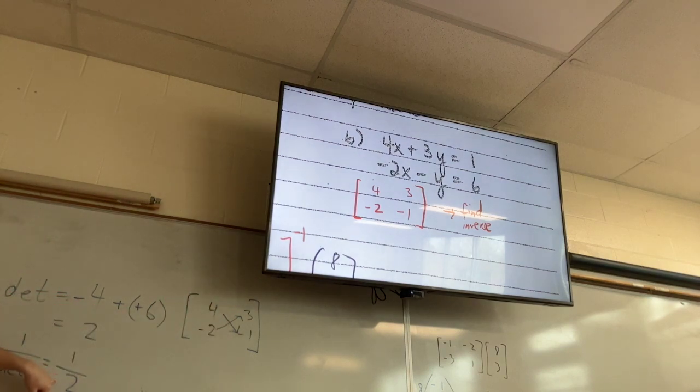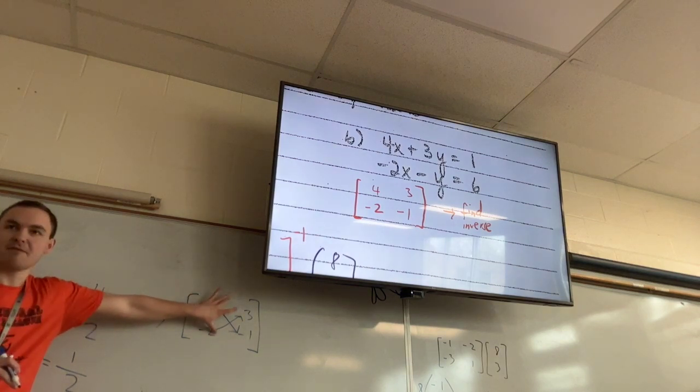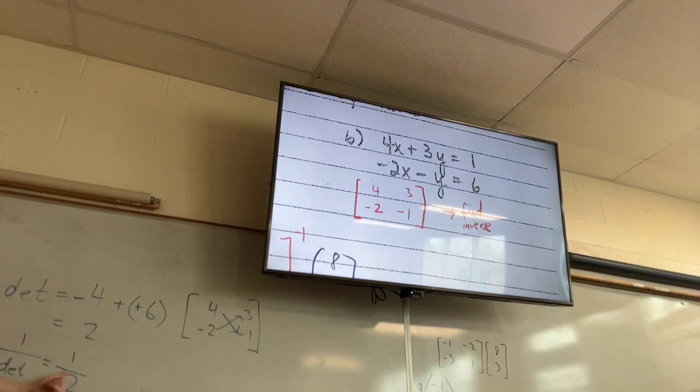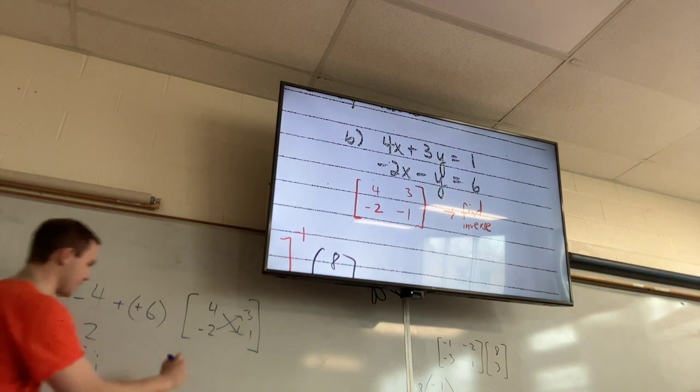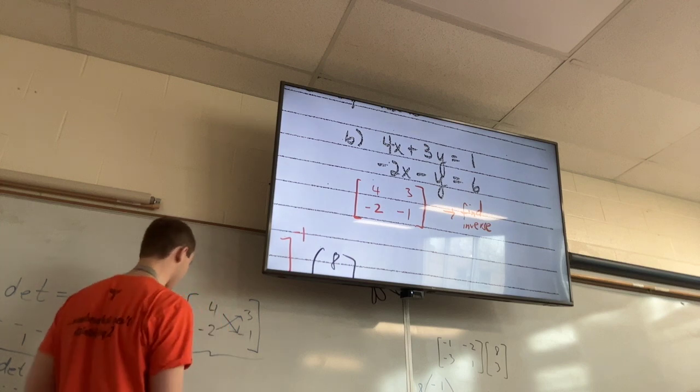Why do you need 1 over the determinant? Because after I flip-flop everything here, I multiply that matrix by 1 over the determinant. Yeah, so this is the number I want to keep for later. Okay? So then my inverse here.